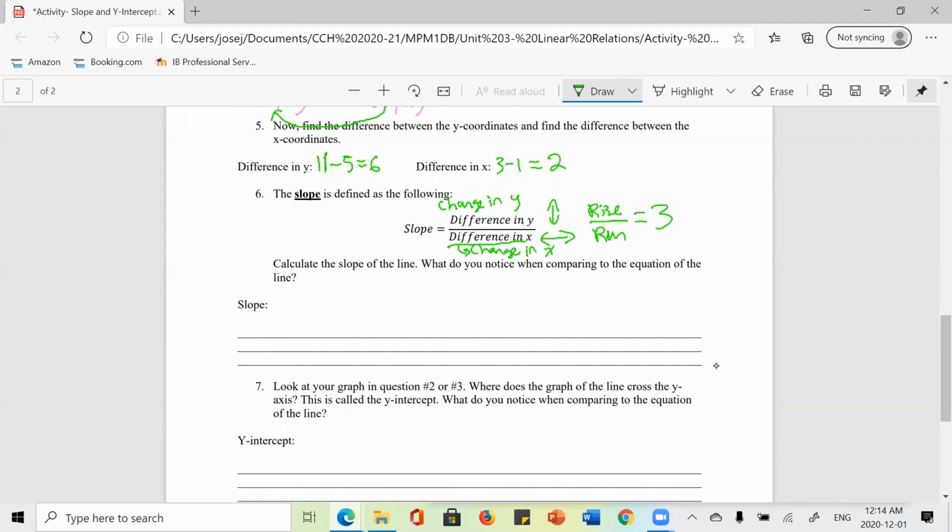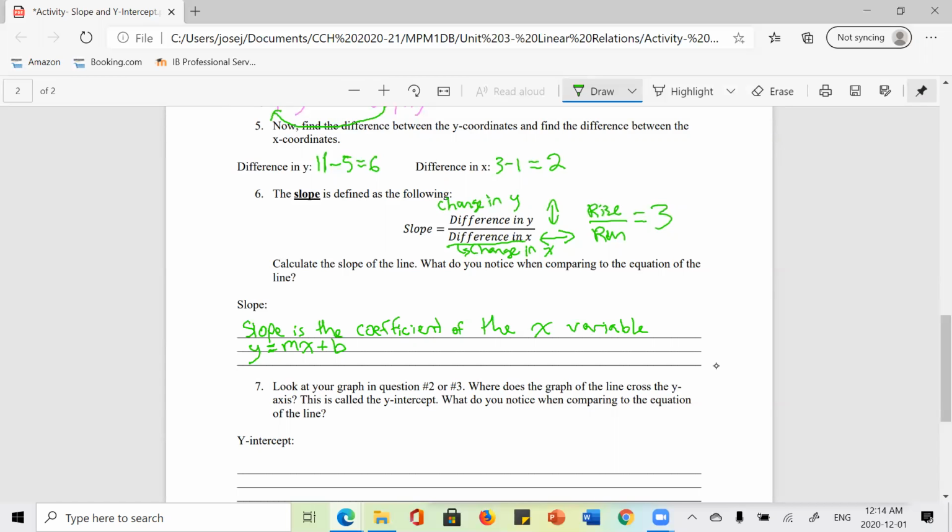So I'm going to write that over here. Slope is the coefficient of the x variable. And if we specifically look at our equation, let's say that our equation is y is equal to mx plus b, and I'll talk about what this means.